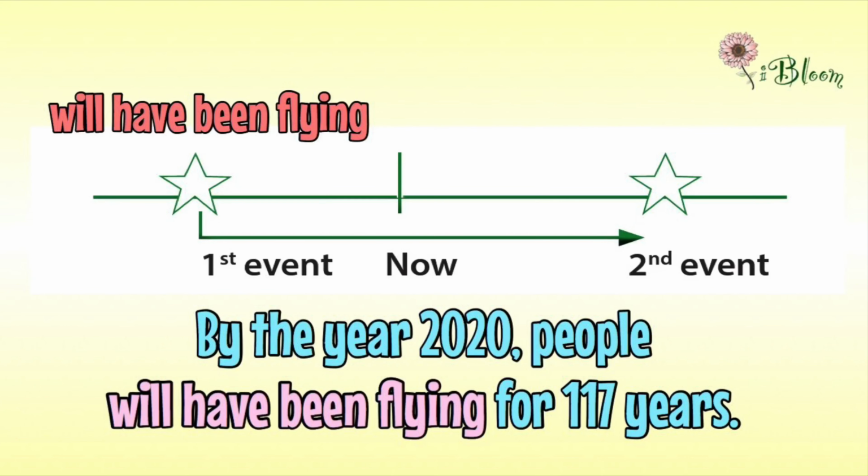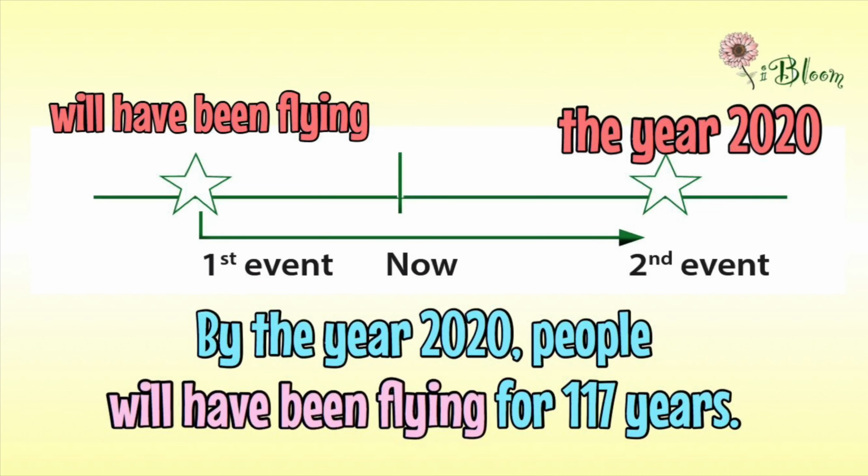Yes. First event, will have been flying. This is first in the future. Then the year 2020 means before the year 2020, people will have been flying for 117 years.